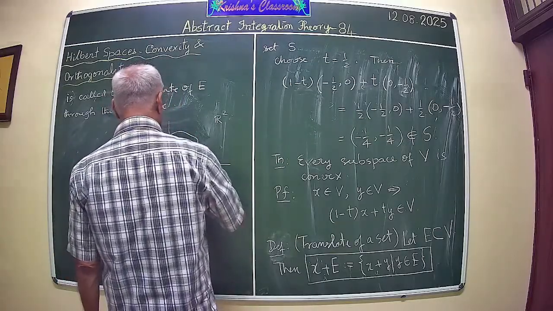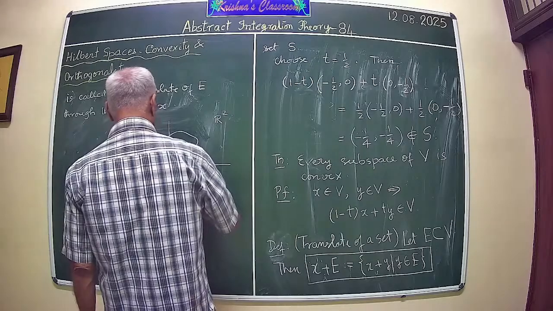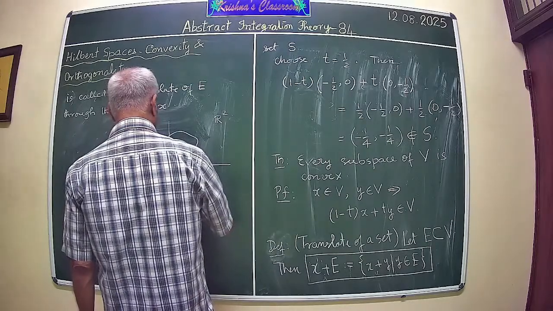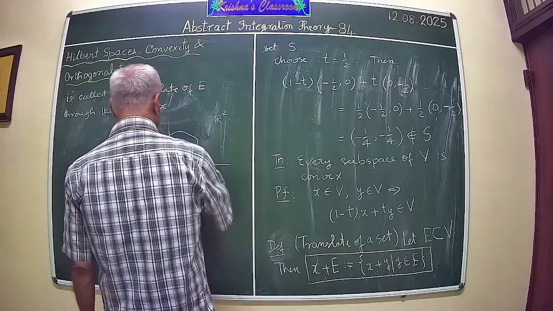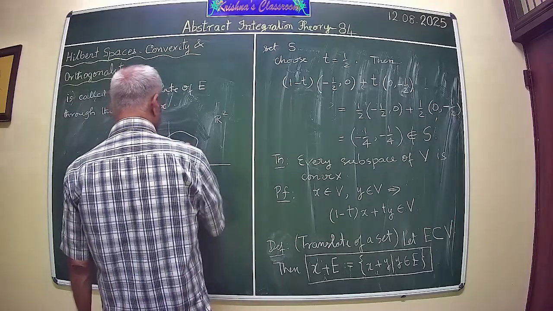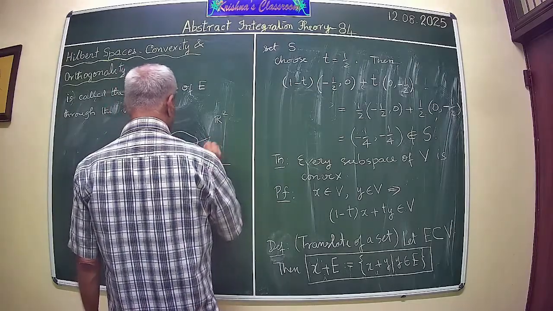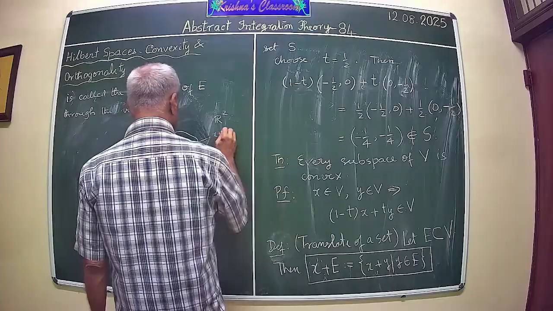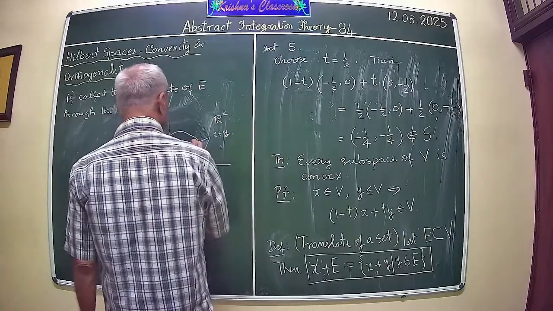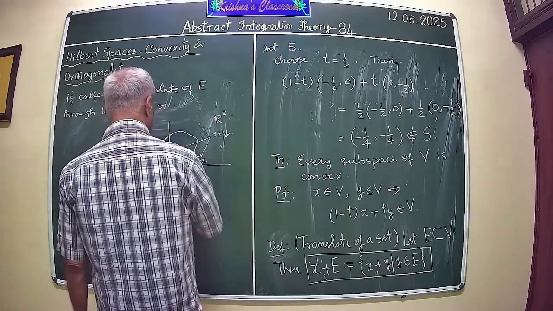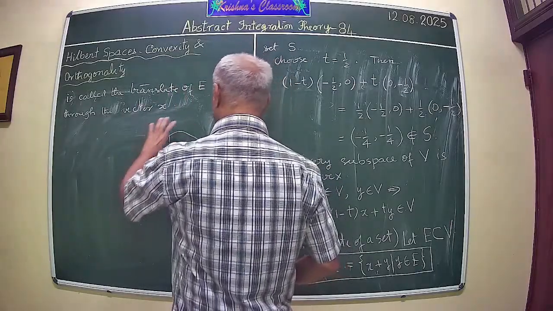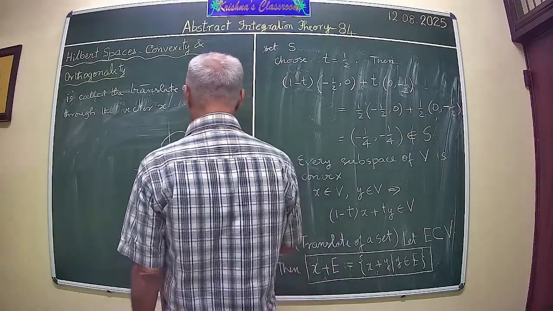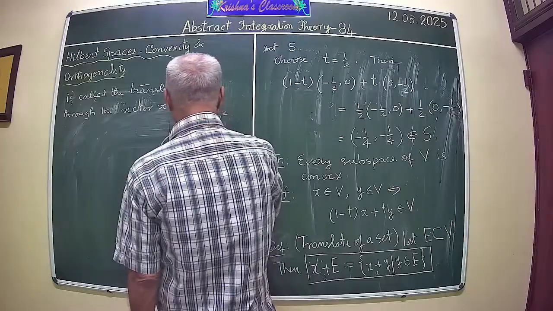So you take a vector x. So you take y. This is x plus y. Now run y over the whole thing.